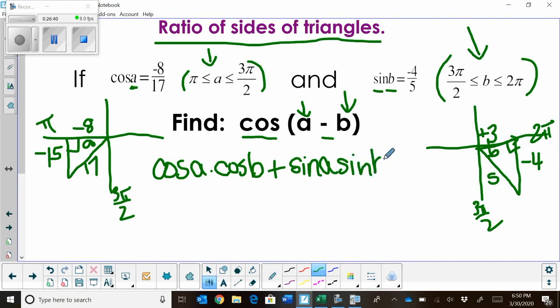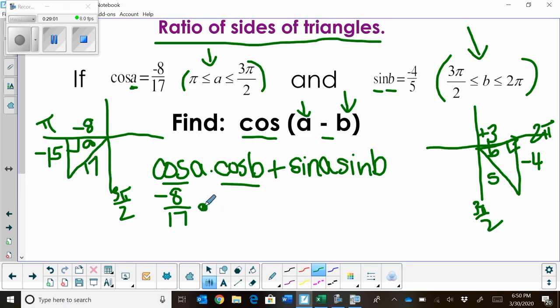Now we're going to use our triangles to evaluate all of these. Let's start with the cosine of A. Well, cosine of A was actually given to us. It is -8/17. That makes sense because it's adjacent over hypotenuse.